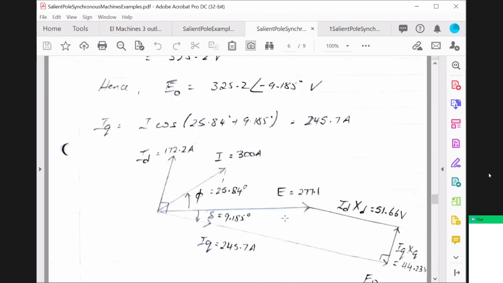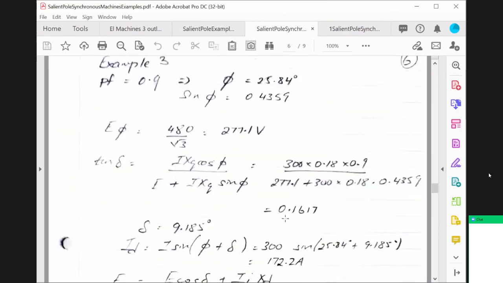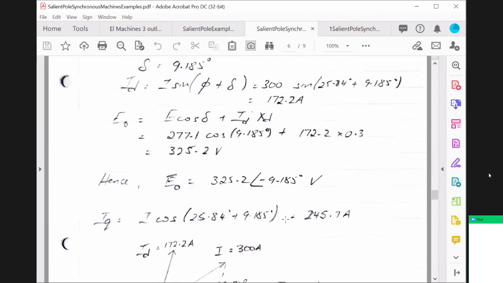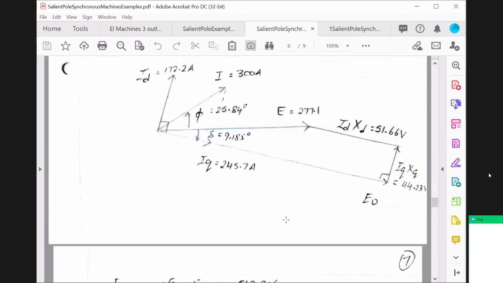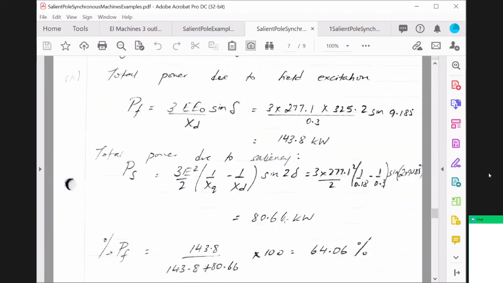In this part, we've looked at part 2, the power that's due to the field excitation, and the power due to the saliency. We were asked to work out the fraction of the power due to the field excitation with respect to the total power that the machine is absorbing.